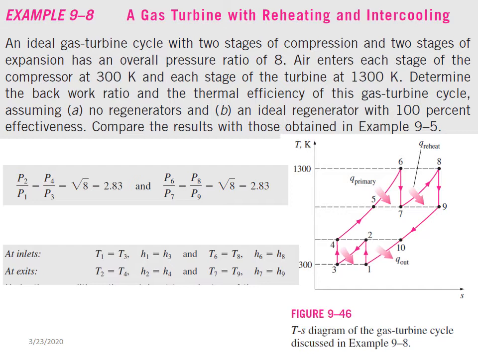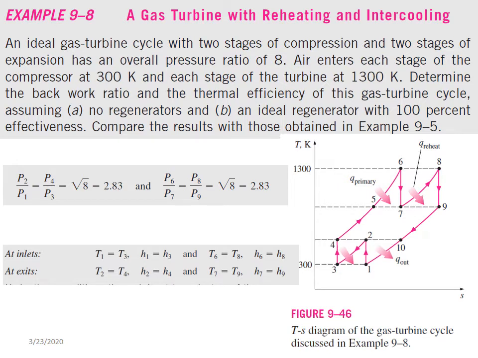The statement of the problem is: an ideal gas turbine cycle with two stages of compression and two stages of expansion has an overall pressure ratio of 8. Air enters each stage of the compressor at 300 Kelvin and each stage of the turbine at 1300 Kelvin.